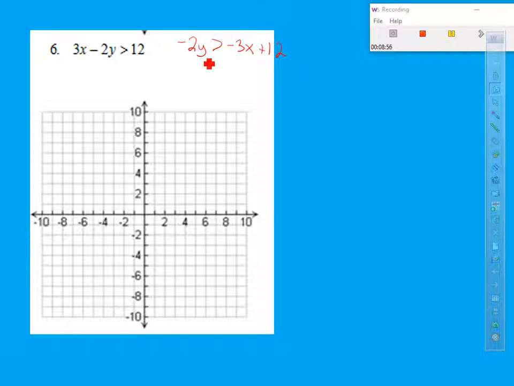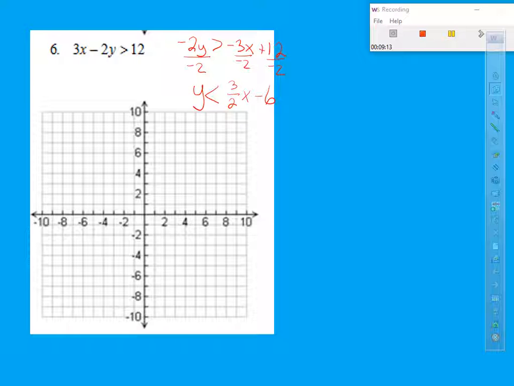Now I'm going to divide everything through by negative 2. And when I do that, remember when you divide by negative, we got to flip that sign. And I'm going to get positive 3/2 x minus 6.